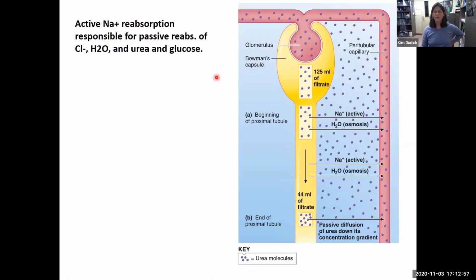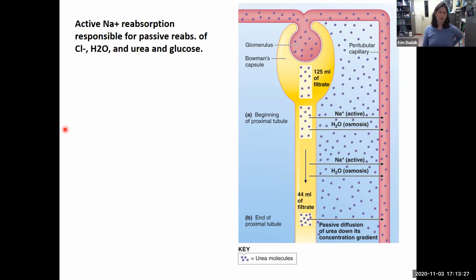So when we reabsorb sodium, remember it's passive on one side, but then it's active on the other side. Chloride follows. That makes the outside salty, so sodium or water follows. I mentioned glucose. We also actually reabsorb some urea. Urea is a waste product of protein, the nitrogenous waste I told you about.